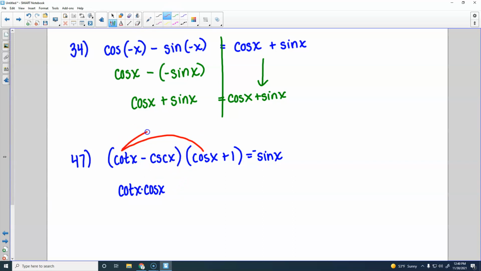Then we'd multiply our outers. We just have plus cotangent x. Our inside terms, we're going to get minus cosecant x cosine x. And for our last term, we would just get a minus cosecant x.